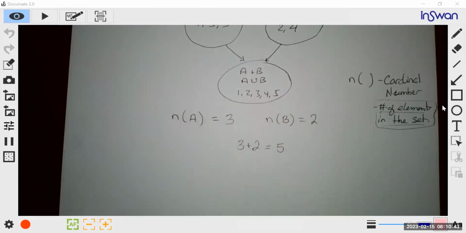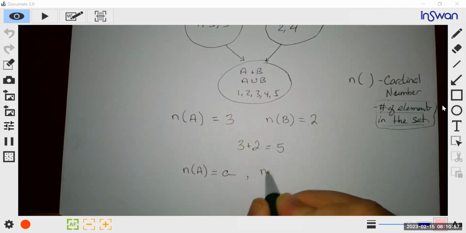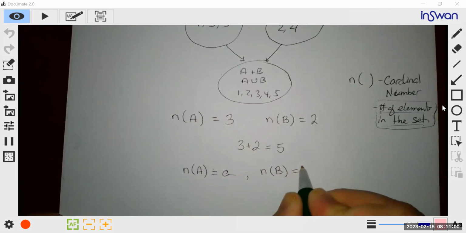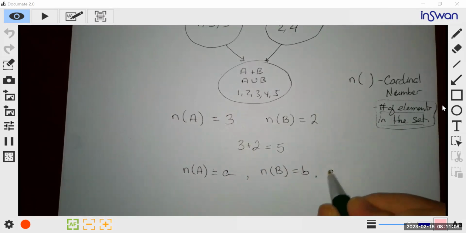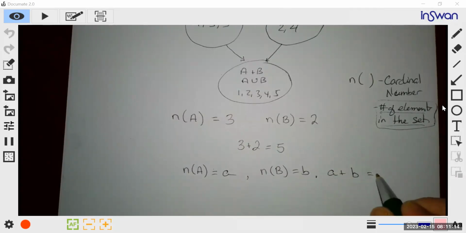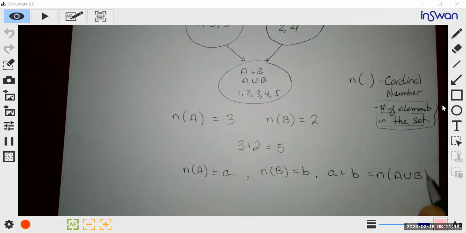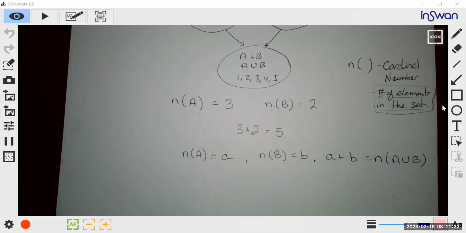There are 5 elements. So looking at sets, if A and B are sets, they can even be empty sets. Let's say that equals A. That equals B. Then if I add the cardinalities, what that really means is I'm finding the cardinal number of the union of the 2 sets.